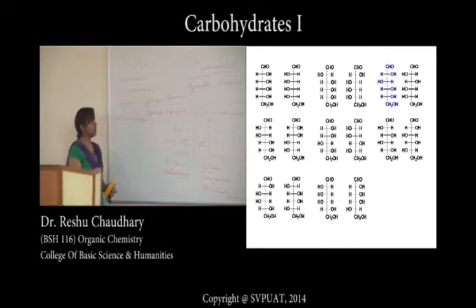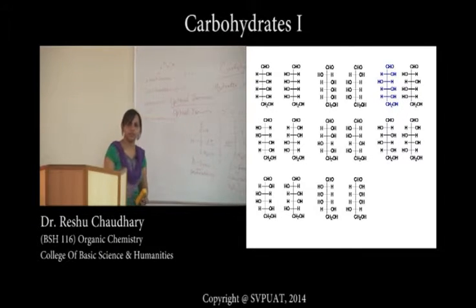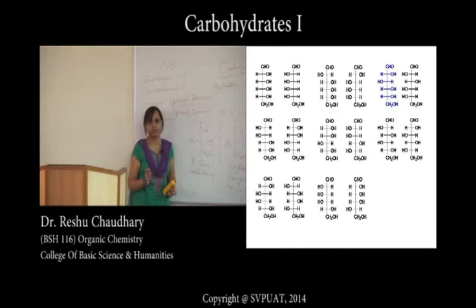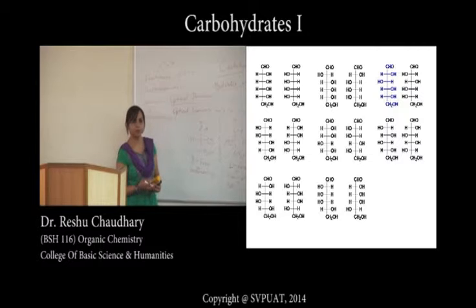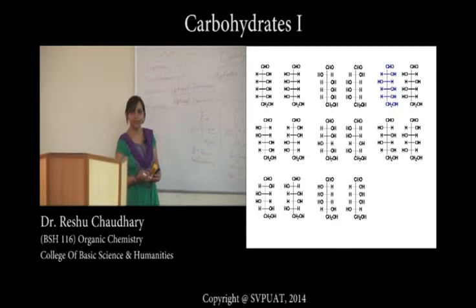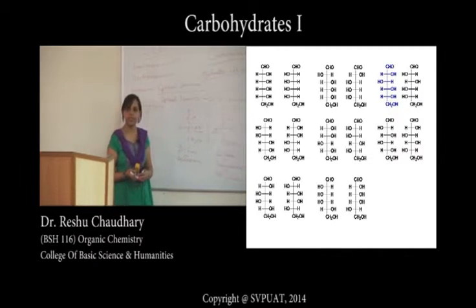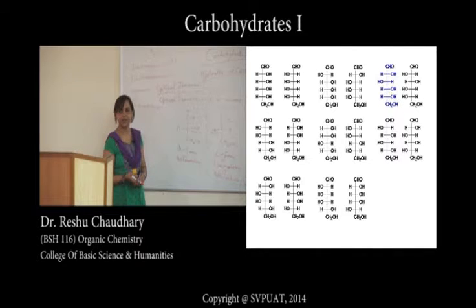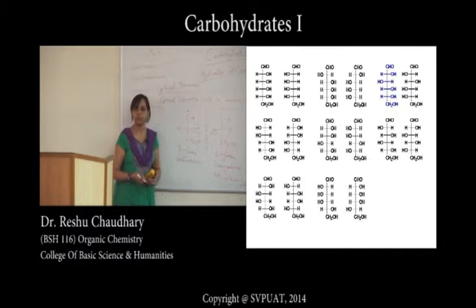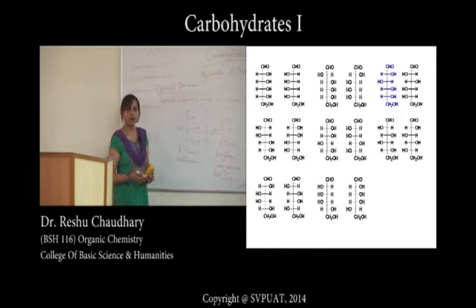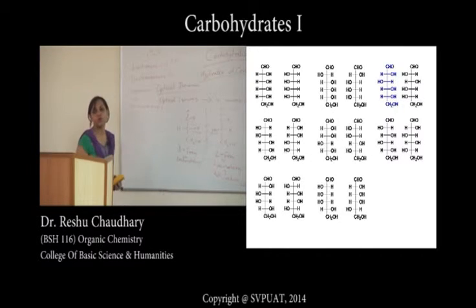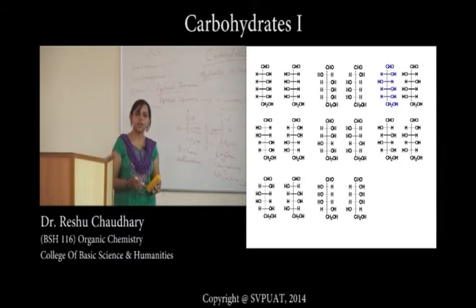Now it is about the classification of carbohydrates. There are different types of classification: on the basis of the number of carbons present in the carbohydrate, on the basis of sugars being reducing or non-reducing, on the basis of functional group, whether aldehyde or ketone, or on the basis of monosaccharide units. If a single unit, then monosaccharide.